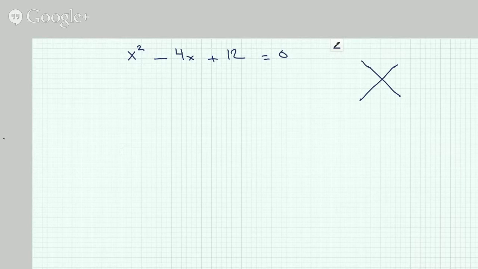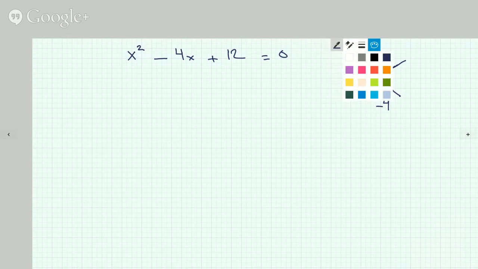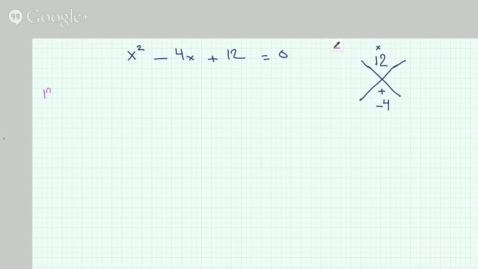We'll put it in sort of a box format this time. We need two numbers that multiply to 12 and add up to minus 4. So let's go ahead and list the factors of 12. We take the last term and list the factors of that term. So 12. There's plenty here.